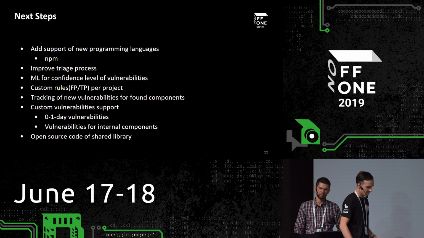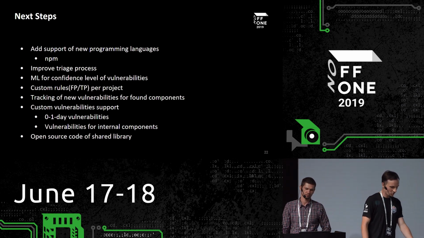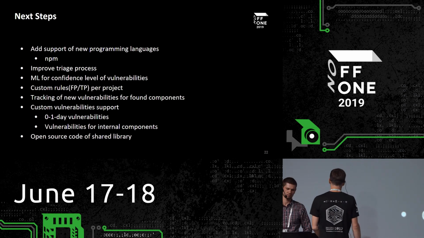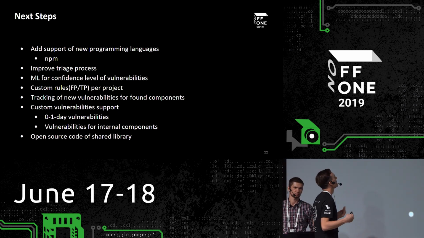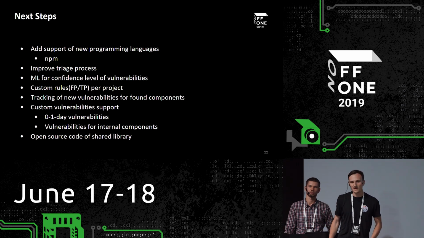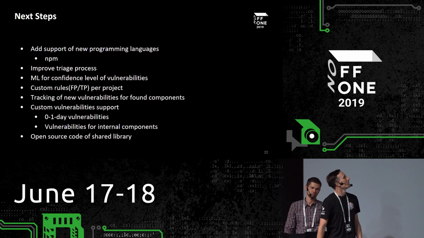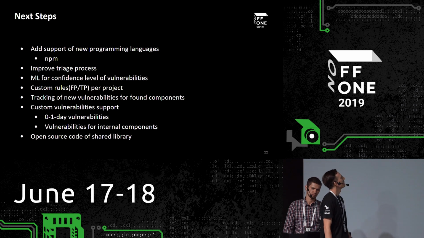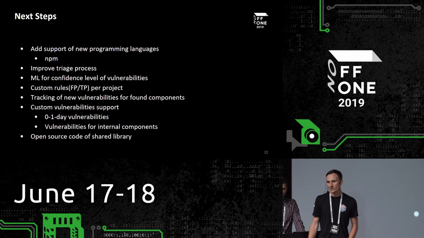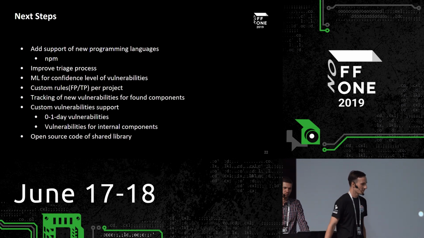Now, how do we want to develop our approach in the future? What do we want to do next to make sure that our solution becomes better and better? First of all, I would like to solve the problem with the NPM analyzer. We do not know yet how to get around this problem, but we think we'll be able to solve it and analyze NPM packages in closed segments.